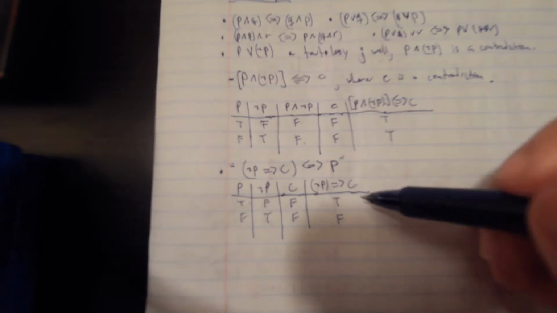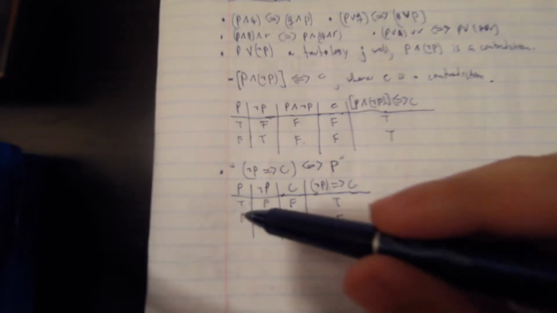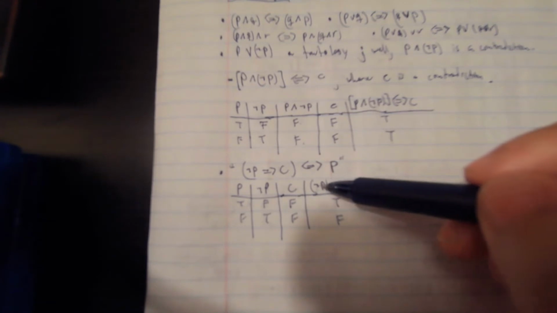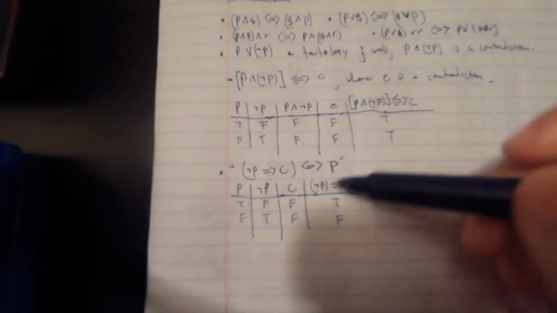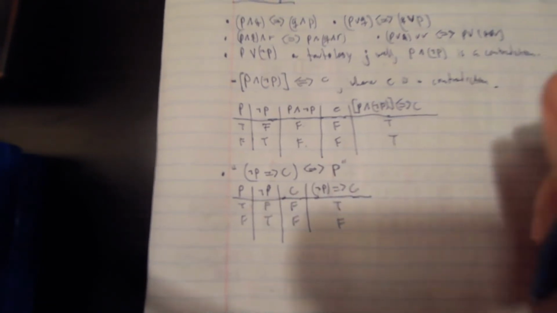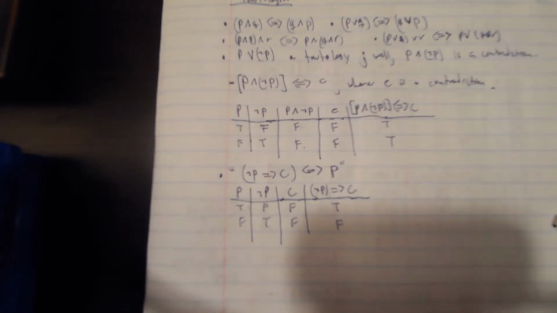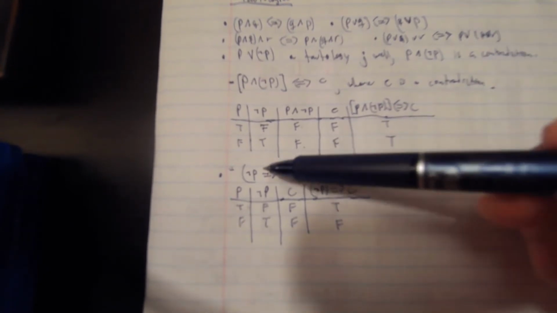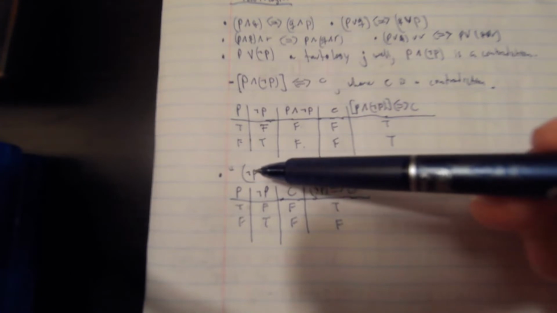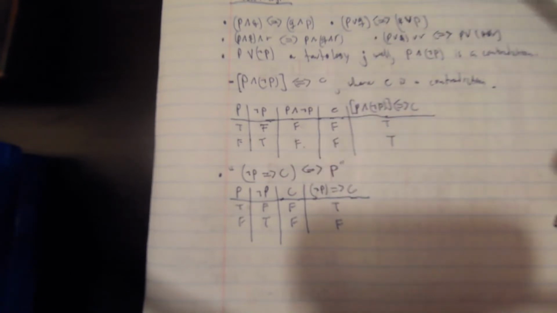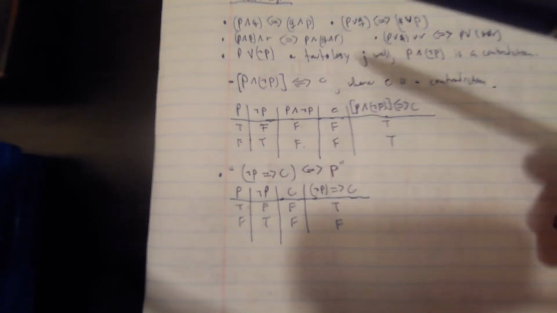And I guess that's really it. So this statement, not P implies C, is equivalent to just P. Again, this is another reinforcement of why proof by contradiction works.